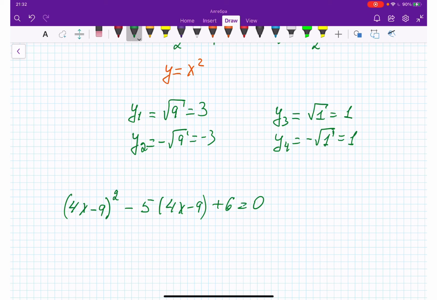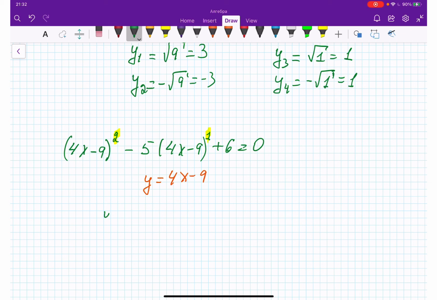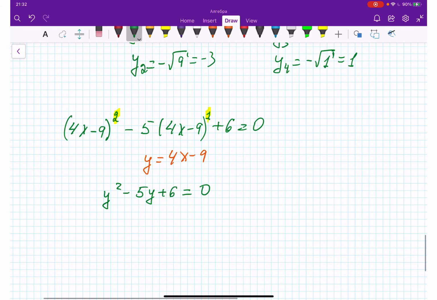This is definitely a quadratic equation because here we have degree 2 and here we have degree 1, right? Okay, and plus a constant term. So I'm going to substitute y for 4x minus 9. That will give me y squared minus 5y plus 6 equals 0.